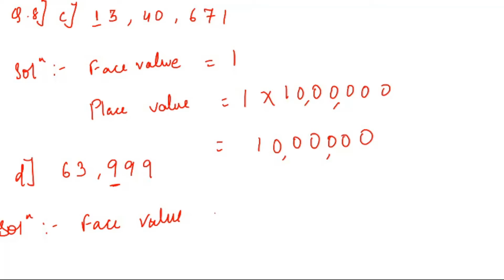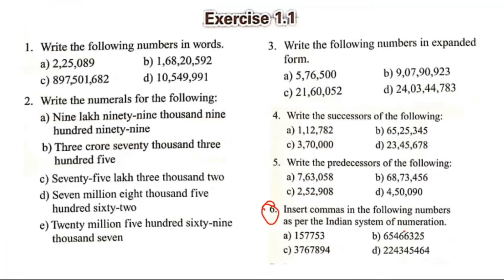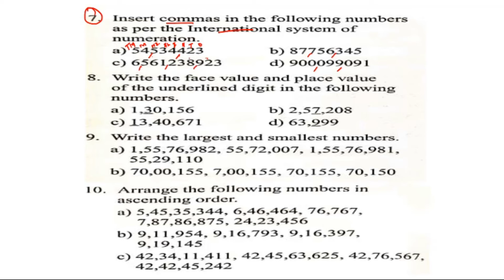Place value will be 9 into 100, because 2 zeros are there. 9 ones, tens, 100. 9 into 100 is equal to 900. This will be the place value. Question number 8 is completed.